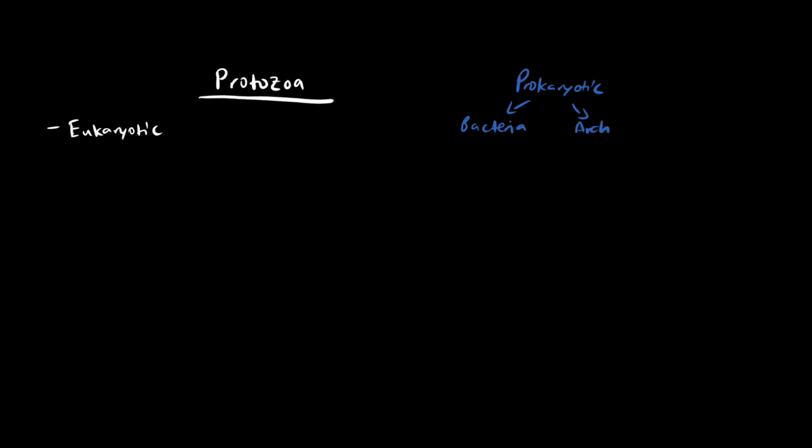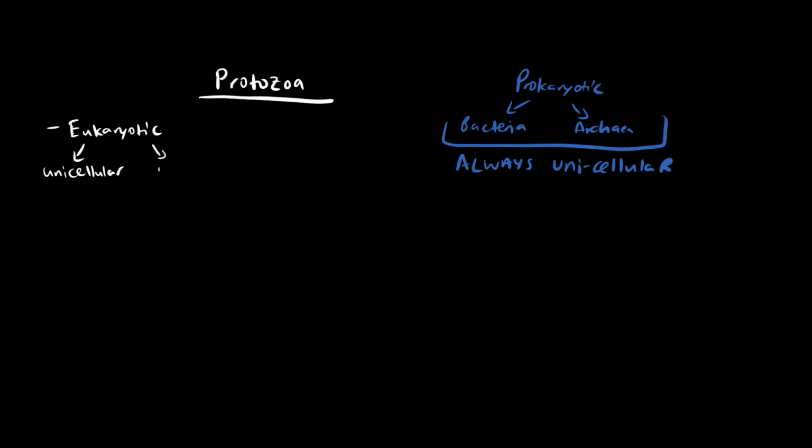And the thing about prokaryotic organisms is that they will always be unicellular, or always going to be single celled. However, eukaryotes can either be unicellular or multicellular. So I just wanted to make that quick differentiation.